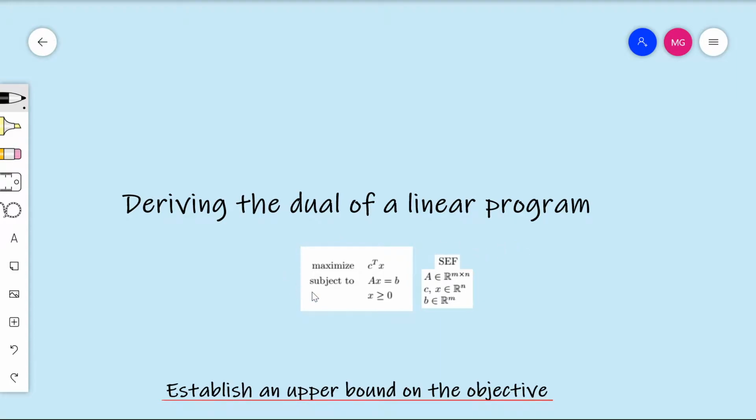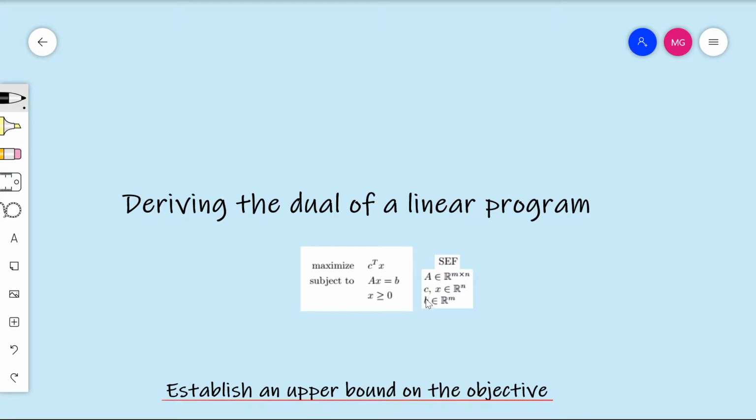When we're in standard equality form, we're maximizing an objective function, c transpose x, subject to the matrix equality constraints Ax equals b, and variable non-negativity constraints, x greater than or equal to 0. When these are exactly the type of constraints, and you're trying to maximize, then you say that the linear program is in standard equality form, abbreviated SEF.